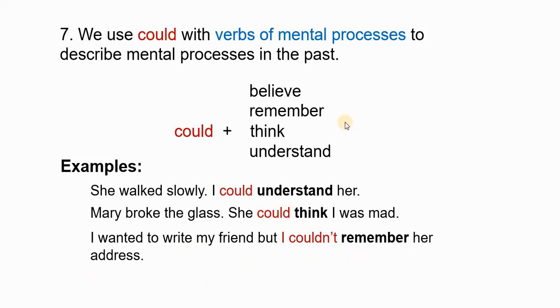We don't really say that in English. Again, guys, don't forget that this is in the past. This is better than I didn't remember her address. We don't really say that in English, but I did here in this example: I wanted to write my friend, but I couldn't remember her address.